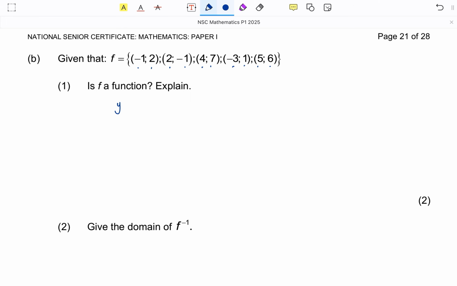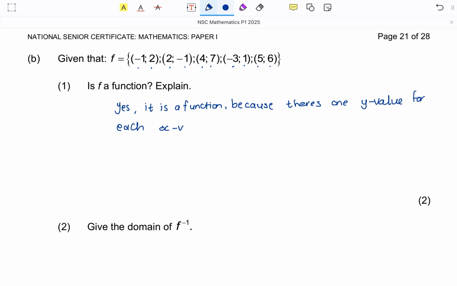And that means that yes, it is a function, because there's only one y value for each x value. If we had more than one y value for one x value, then it would not have been a function.